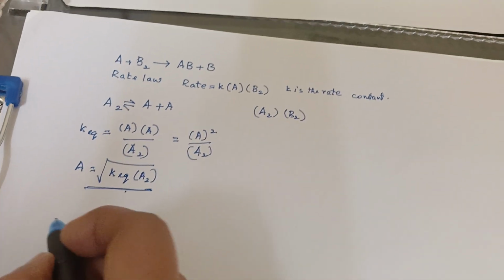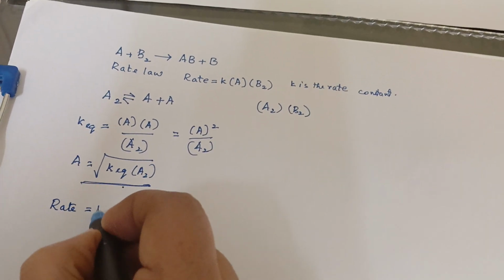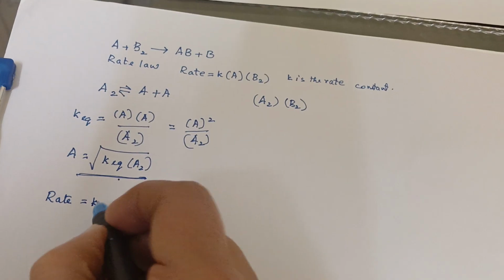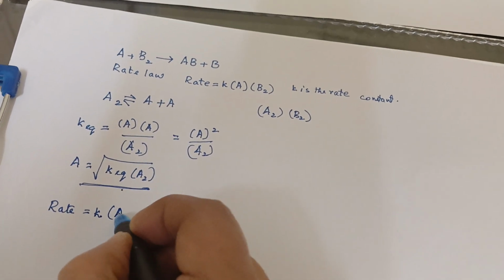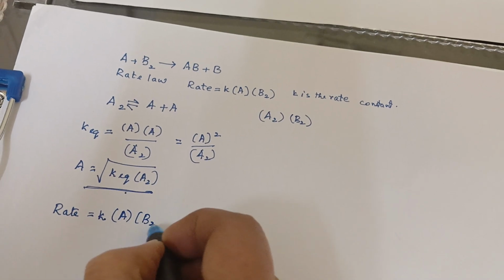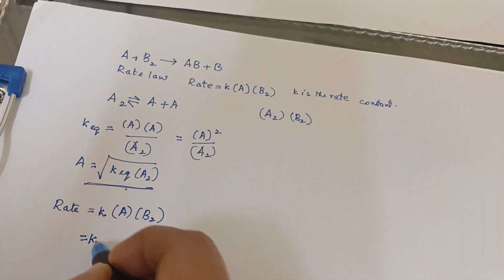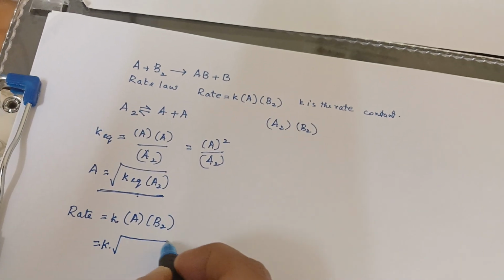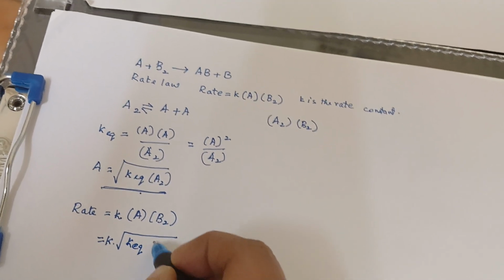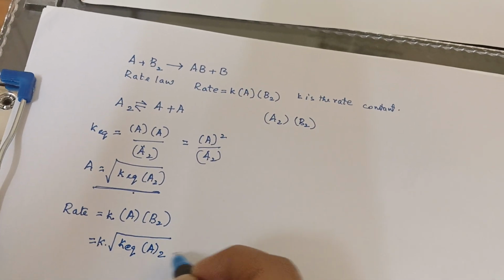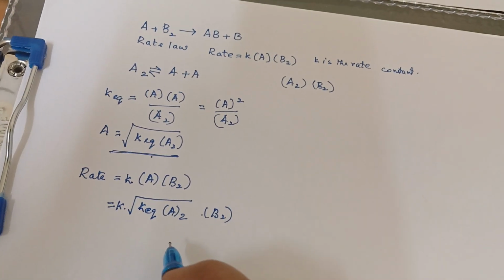Let us write the rate law again. Rate equals K into A into B2. Now that we can write as K into, instead of A we can write square root of K equilibrium into A2, into concentration of B2.